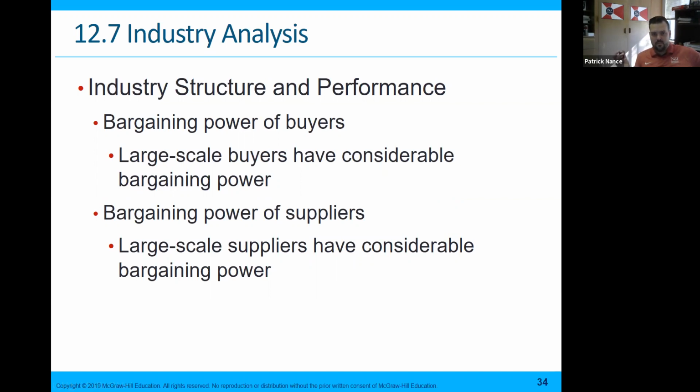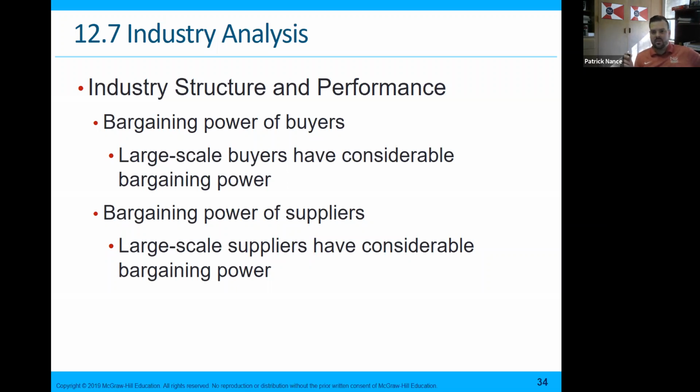Industry structure and performance: bargaining power of the buyers. Large-scale buyers have considerable bargaining power. If you work in an industry where you're buying large quantities of things at a time, you typically have much more power. This is something that large companies like Walmart, Target, and Amazon use, where they can buy things a lot cheaper because they can come in and say, I want to buy 5 million of these things, rather than I want to buy 500 of these and sell them.